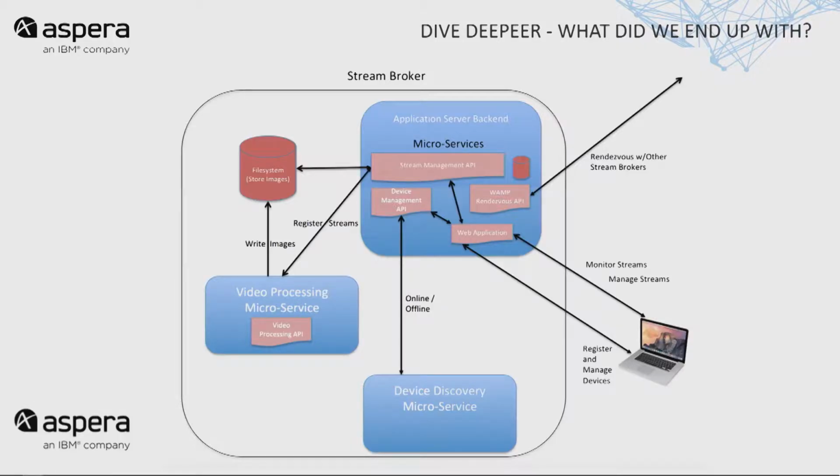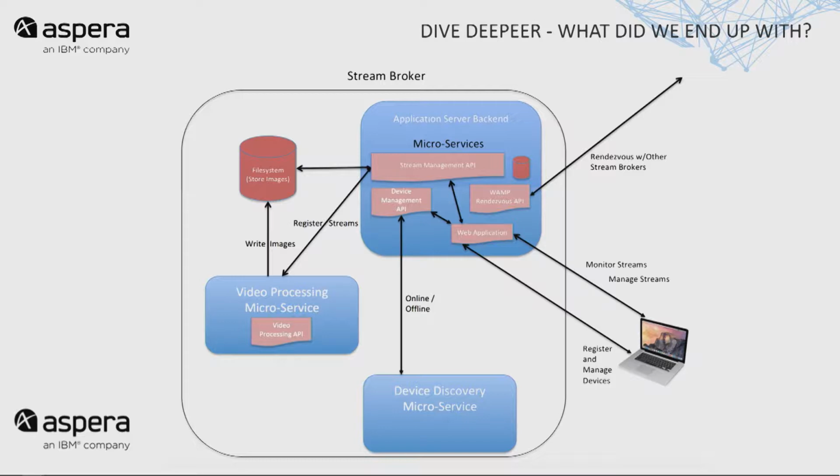So what did we end up with when we designed this auto-discovery solution? We ended up with a bunch of microservices. And we did that because it allows us to change and manage things as needed in order to best provide services to the customers, what the customers need to be provided. So whatever the customer needs, we can do through microservices. So the first one is stream management, right?